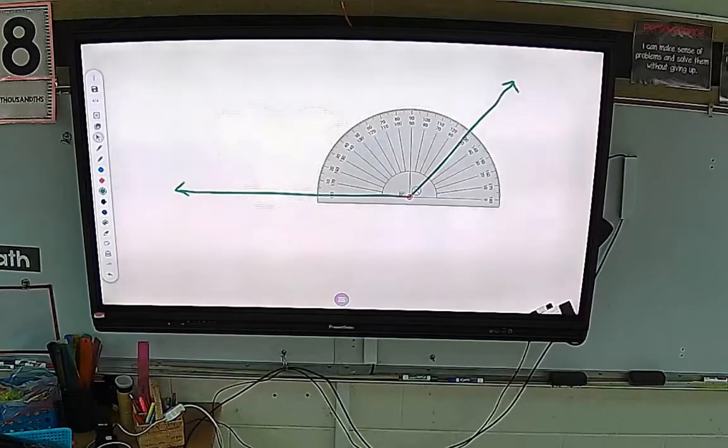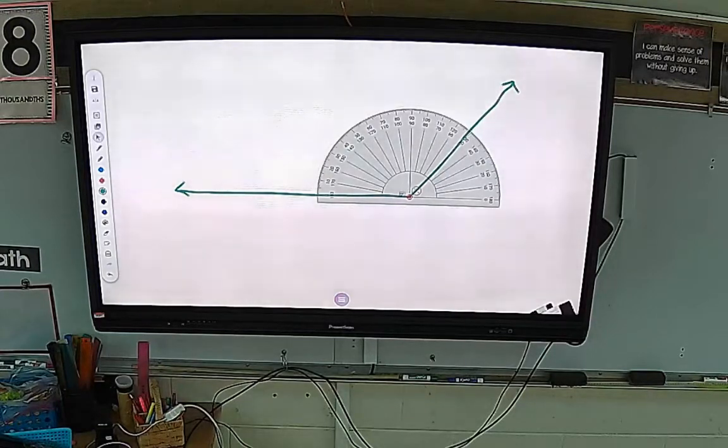It's actually 140. Look at it carefully. It's actually what? 139. It looks like 139, doesn't it? It is 139. I thought that. Okay, because it looks like it's 1 right before the 140. And as well as that, it's obtuse.